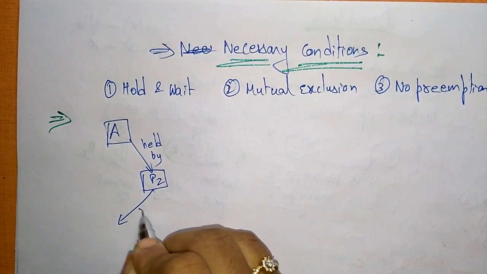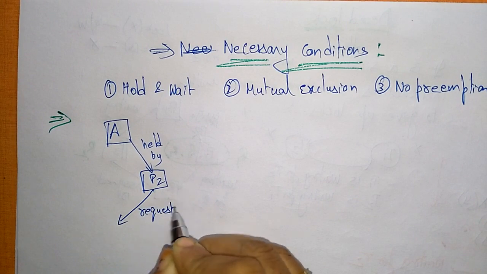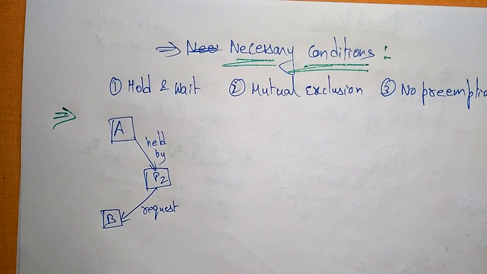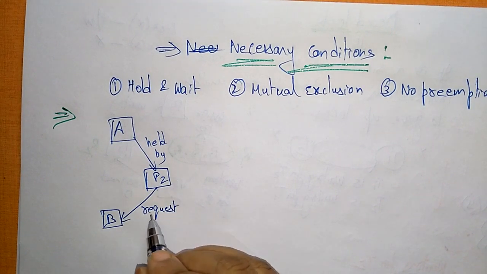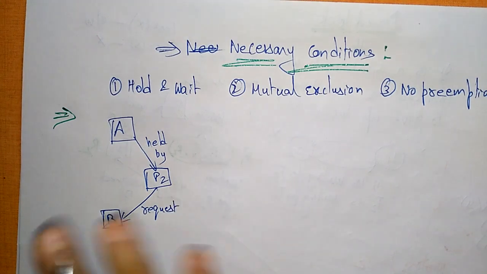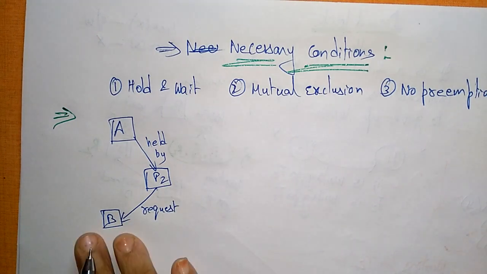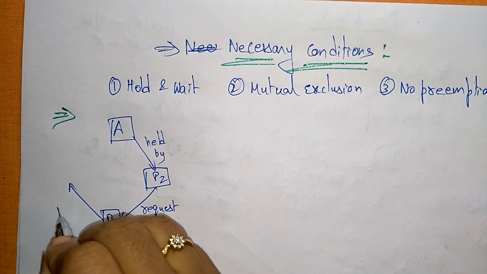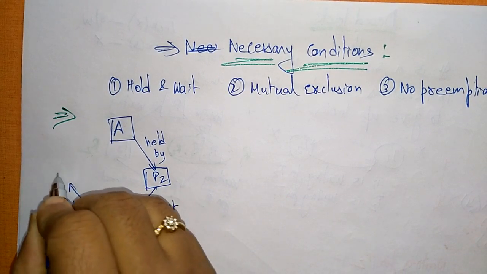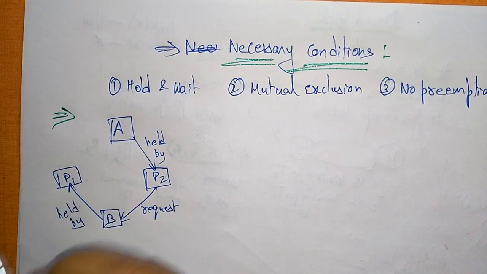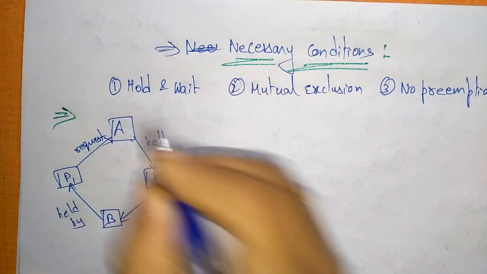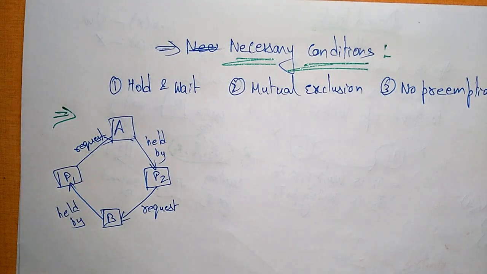But P2 is requesting resource B, so it is in wait state. Until resource B is released, the P2 process is in wait state. But B is already held by process P1, and process P1 is requesting resource A. So you call it a deadlock condition.